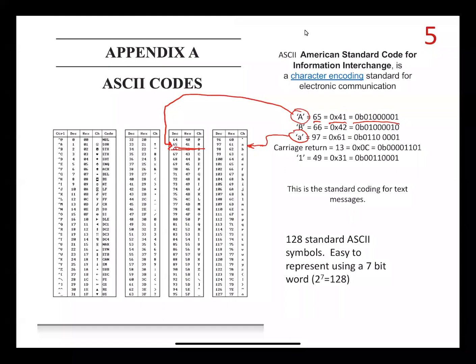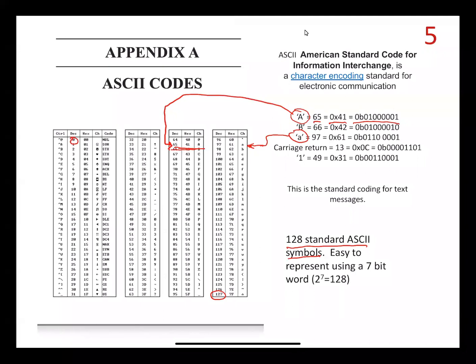Now, why is it 7-bit? Well, if you look at the total number of things on this standard table, they go from 0 up to 127. That's 128 different elements, 128 ASCII symbols.